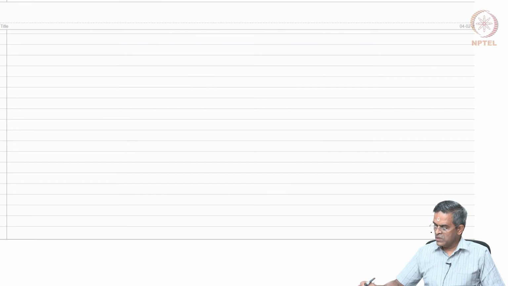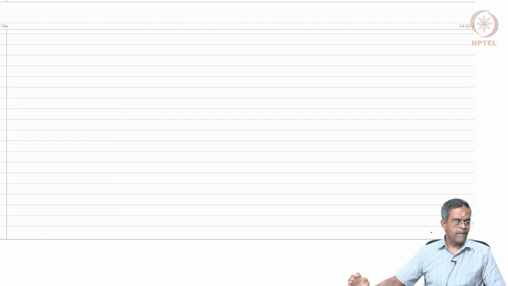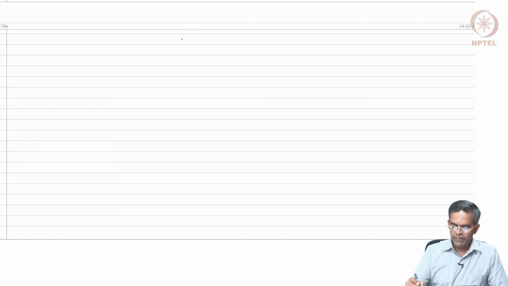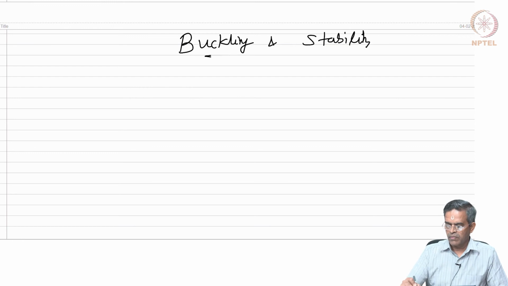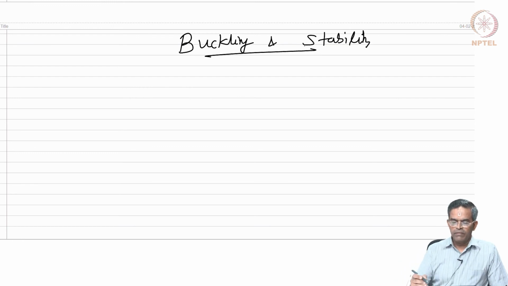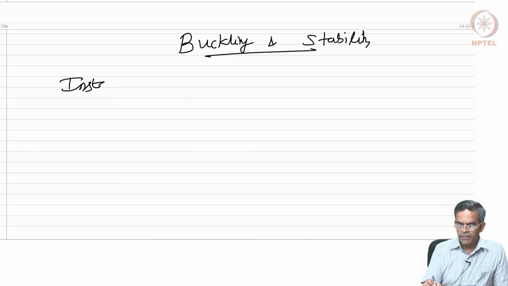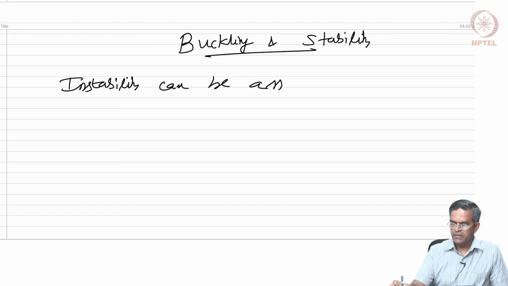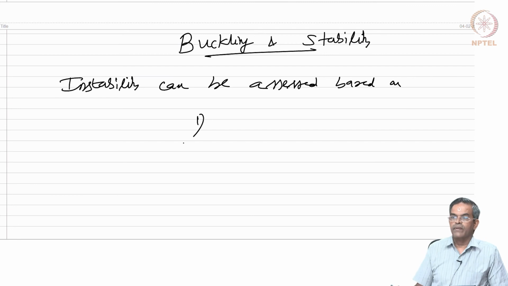Okay. Now, the question comes, friends, people like to know what is the difference between buckling and stability. Friends, instability can be assessed based on the following: 1.